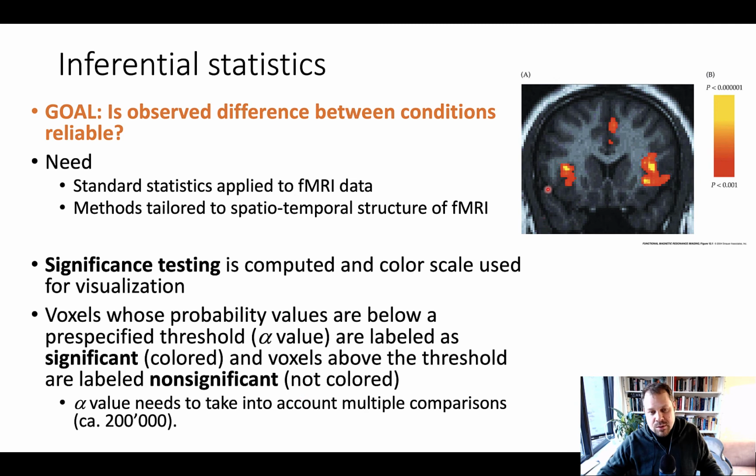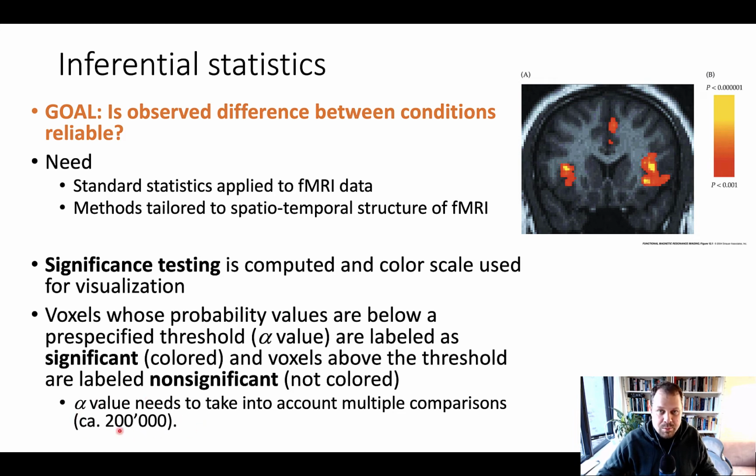So only voxels that are below the threshold of a specific p-value, in this case 0.001, are colored. This used to be the standard in older papers and still sometimes is used as a standard, but it's not ideal. We want to correct an alpha value for multiple comparisons. So the alpha value that we adopt needs to correct for the 200,000 comparisons that we make.